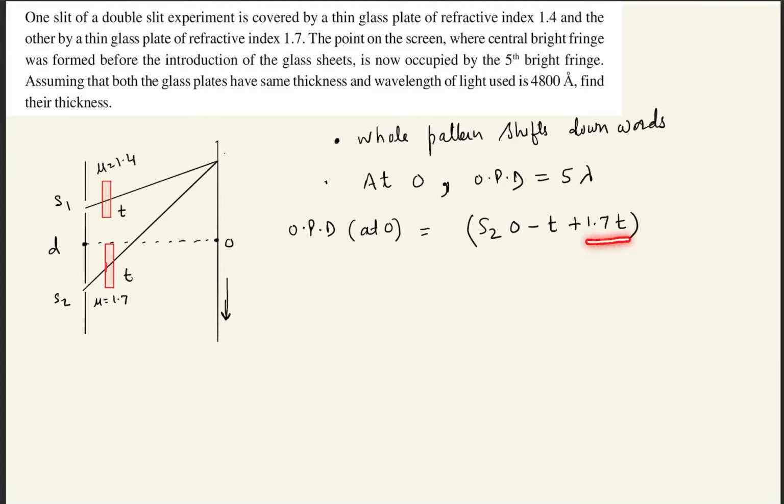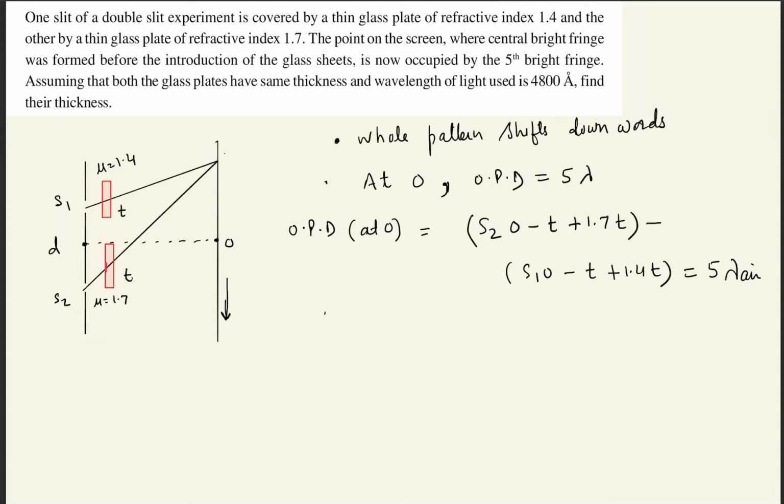By multiplying length with the refractive index of the medium. So the optical path difference at O is S2O minus T plus 1.7 T, minus S1O minus T plus 1.4 T, and this should be equal to 5 into lambda in air, because we have considered optical path difference, so lambda will be considered in air.